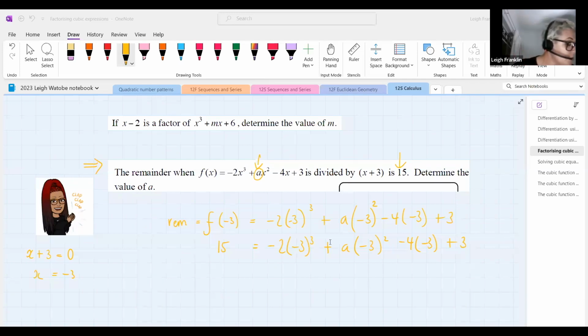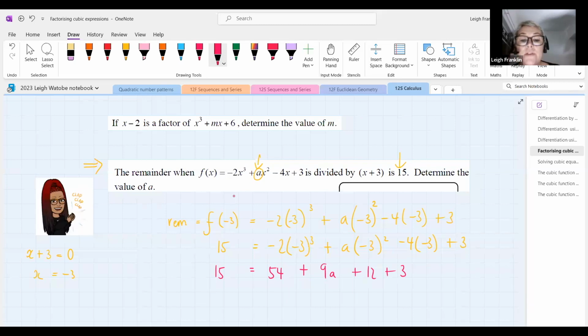Okay. All right. So all of those people that have said they're done, what did you get as your value for a? 6. Okay, cool. Well done. So you would have ended up with 15 equals positive 54 plus 9a plus 12 plus 3.